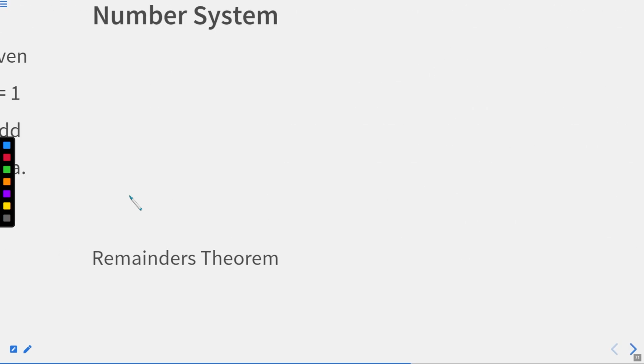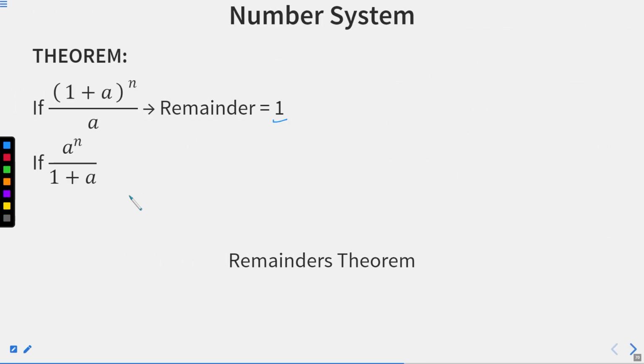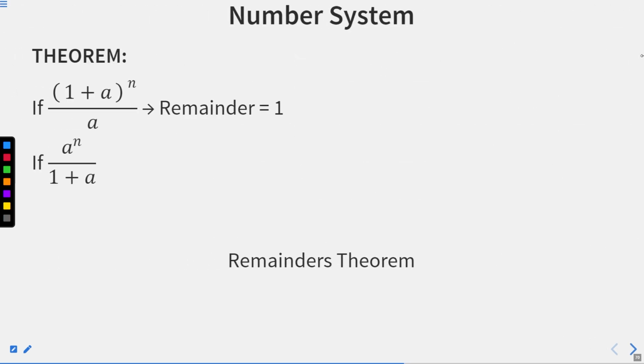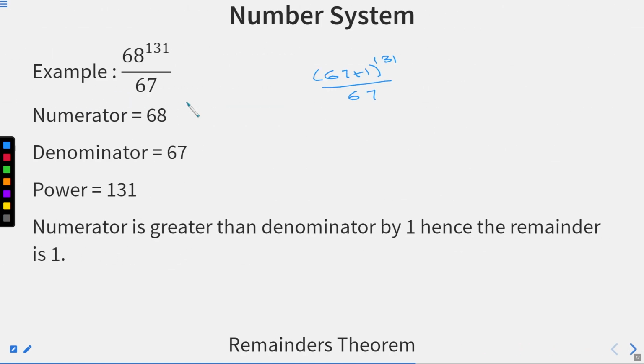You just have to remember this form: (a plus 1) to the power n upon a, and this number can be written as (67 plus 1) to the power 131 upon 67. So here a is 67 and n is 131, and what we just saw is that in this case the remainder will be 1. So for this example, the remainder is going to be 1.